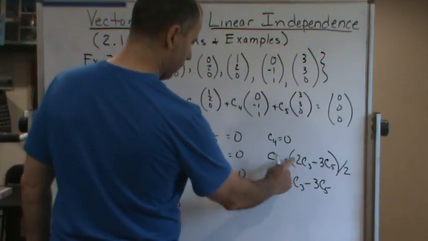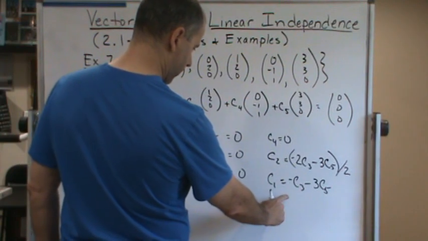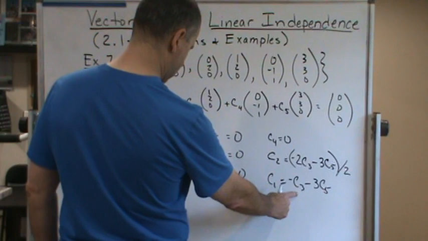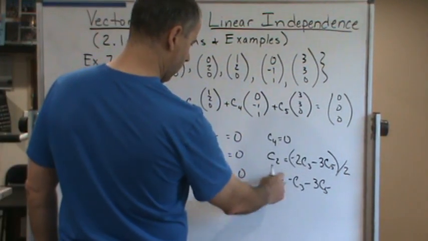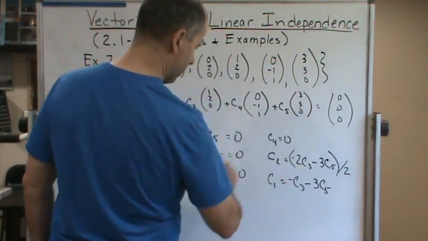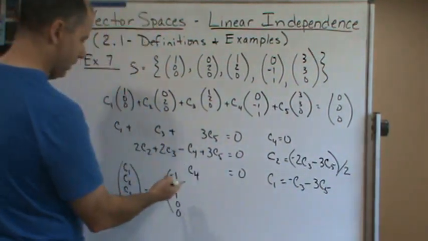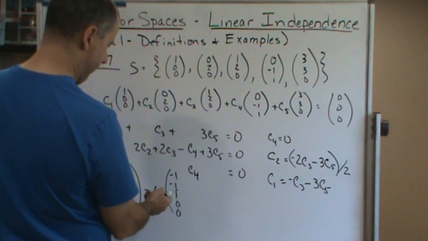So there's -1 times C3, minus C3 because it's divided by 2, and then of course C3 is just 1, so it's included in there.